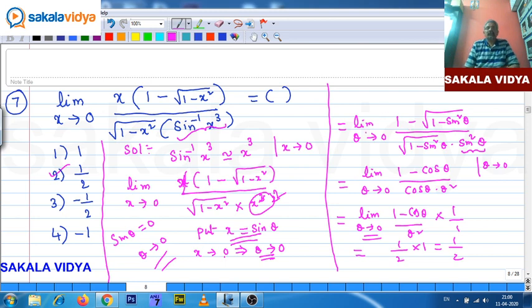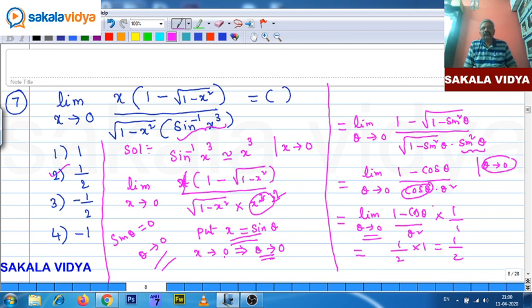So now limit theta tends to 0. Here x is replaced by sin theta, root of 1 minus sin square theta by the root of 1 minus sin square theta into sin square theta. Again, if limit theta approaches 0, sin theta will be theta, but sin square theta is there, so I have written theta square. So here we have cos theta.